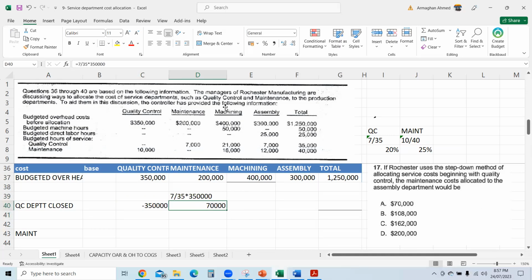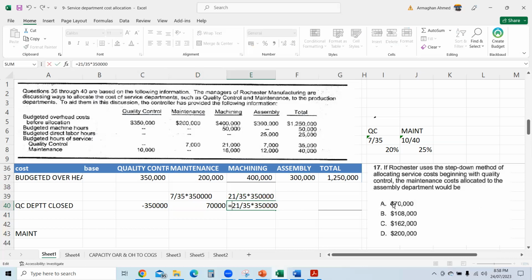How much will we allocate to machinery? 21 divided by 35 into 350,000. That is 210,000. How much to assembly now?